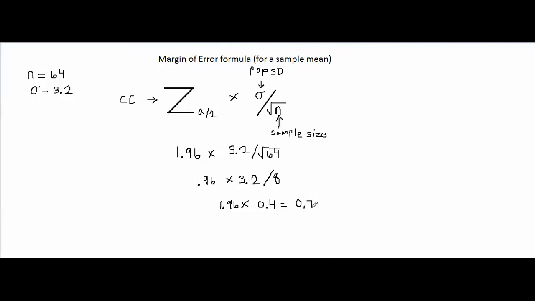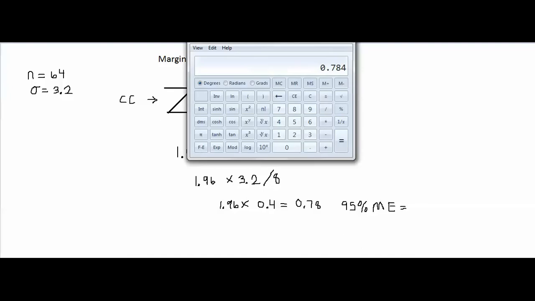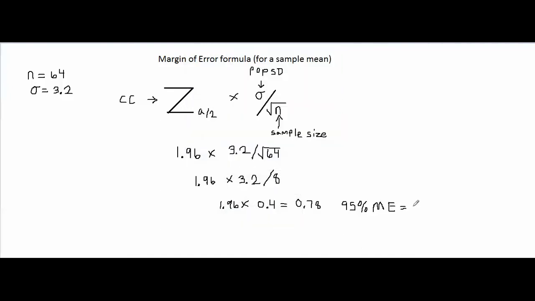So that's our 95% margin of error. It's 0.78.